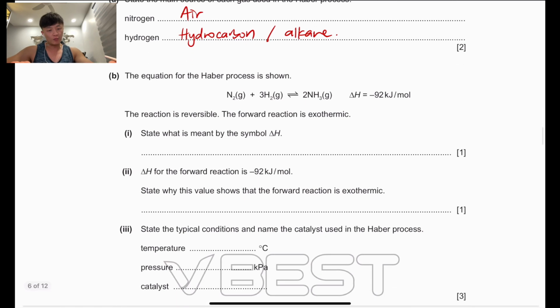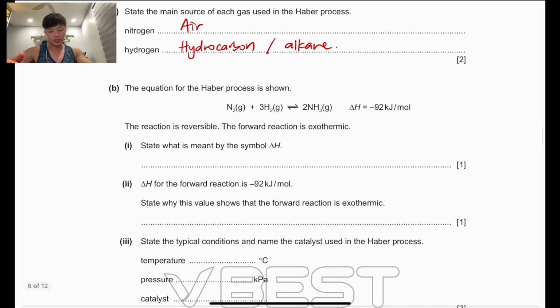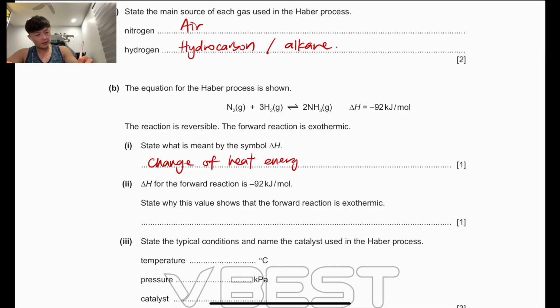Okay, next one, given with you this reversible reaction. What is meant by this symbol? Okay, so called delta H. So remember, the symbol delta means change. H means heat energy. So it will be change of heat energy. Given to you, delta H of the forward reaction is negative 92 kilojoule per mole.